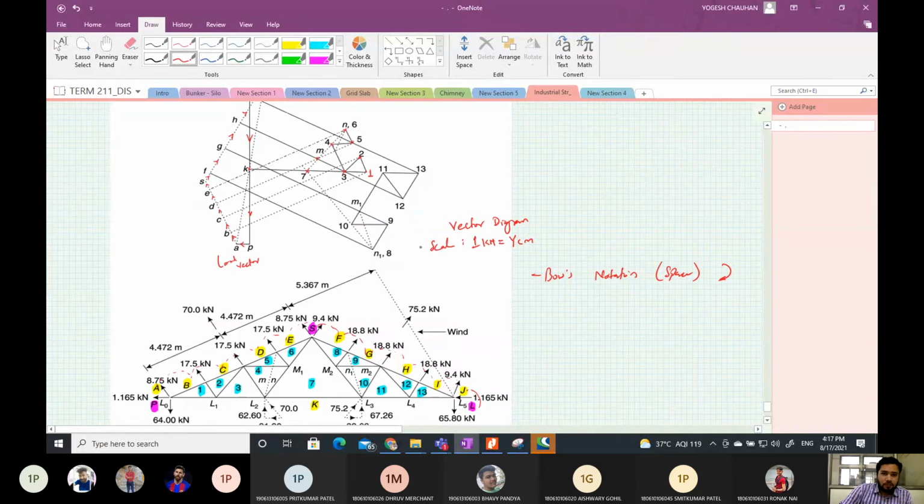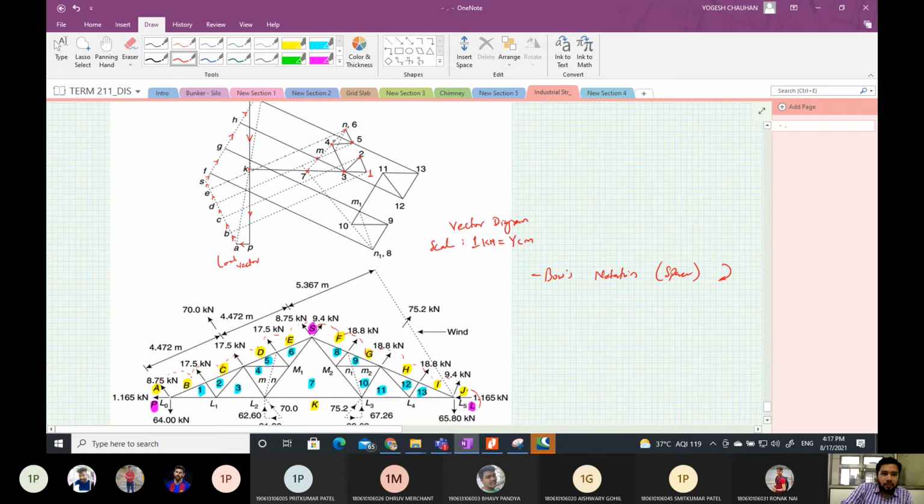So next you can start from here and obtain this point 13, then point 11, point 12 in the same manner.